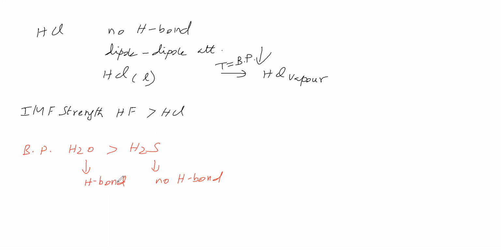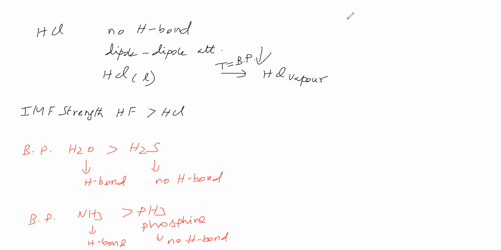Sir. Next, we will see the boiling point of ammonia and PH3. PH3 is called phosphine. The boiling point of ammonia is high because hydrogen bonding is possible in ammonia. In phosphine, hydrogen bonding is not possible. Sir.